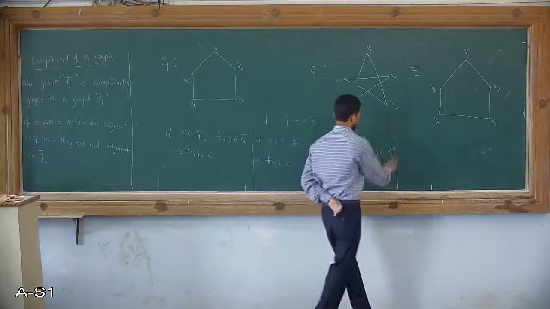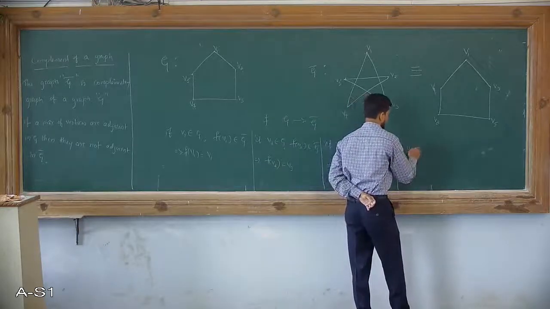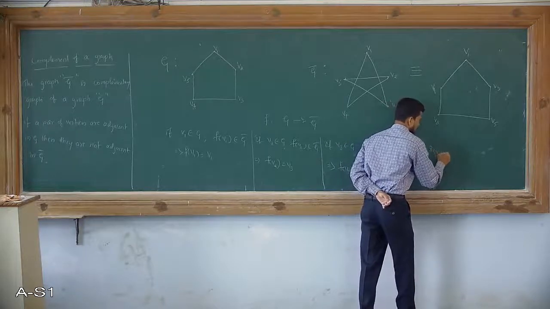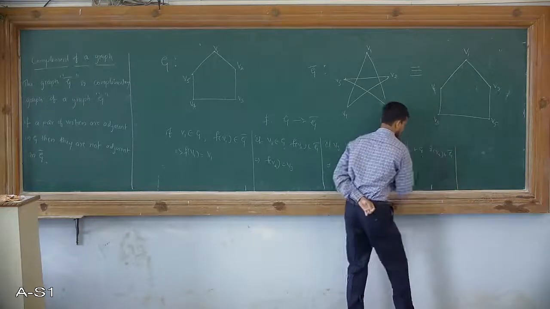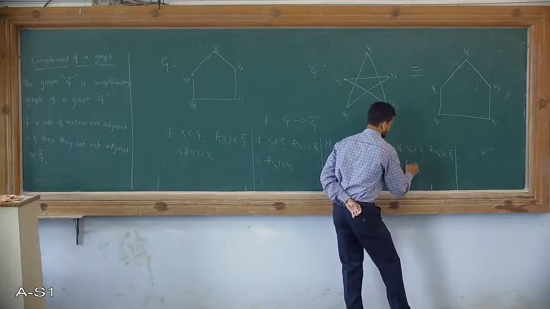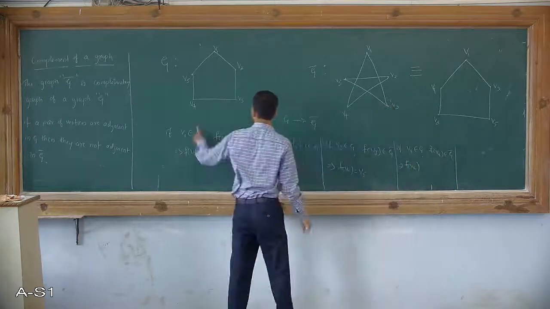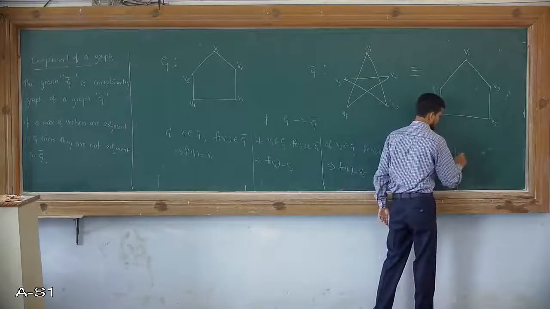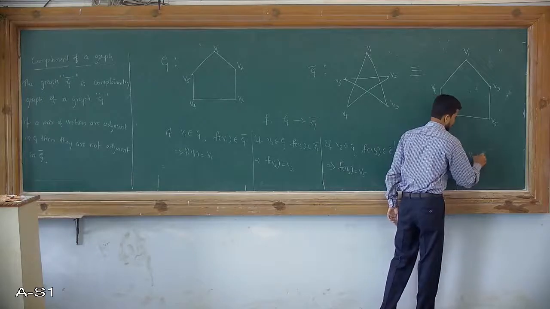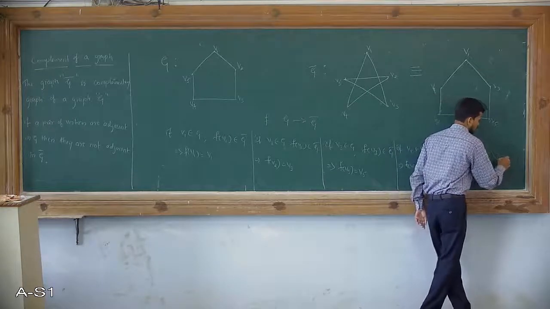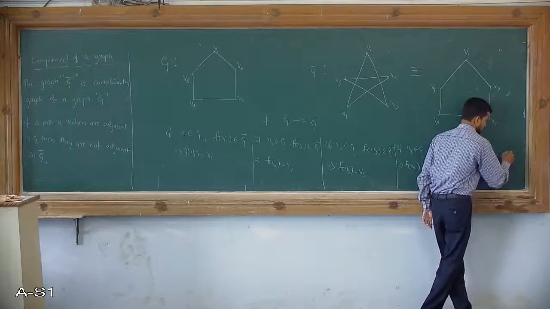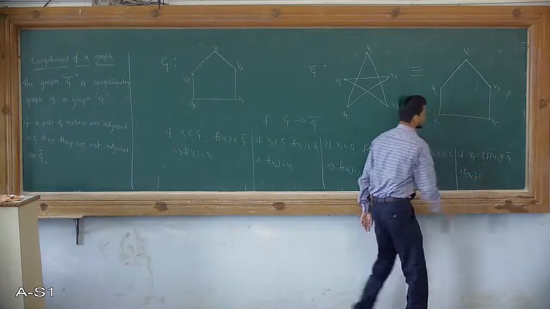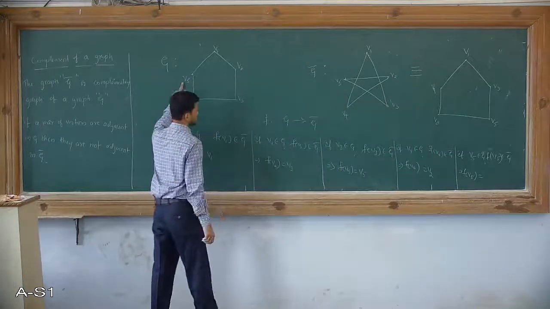Now if V4 belongs to G, f of V4 belongs to G bar. So f of V4, here V4, here V2 in this graph, which is equal to V2. So if V5 belongs to G, f of V5 belongs to G bar. So what is f of V5 here? f of V5 is V4.